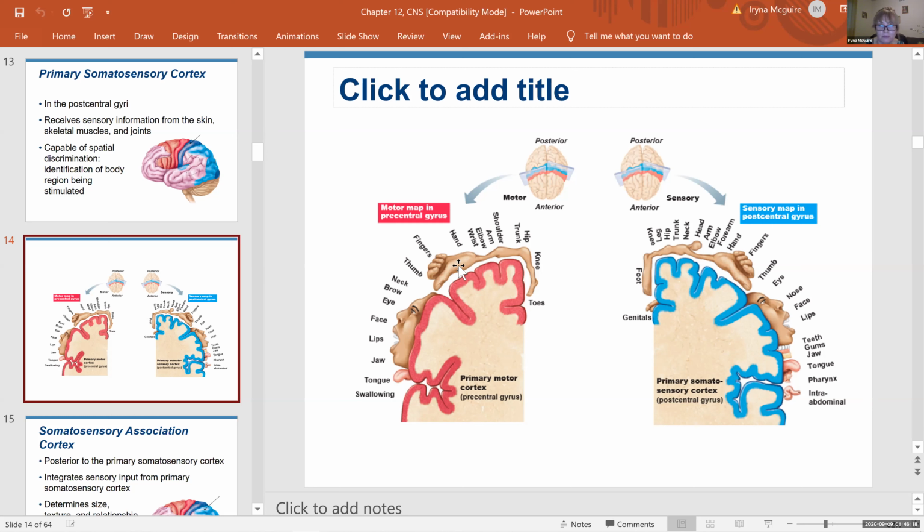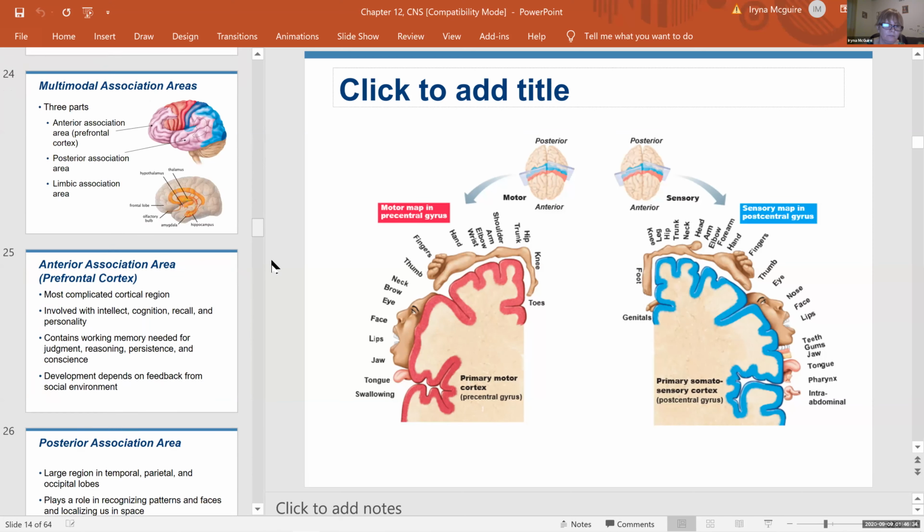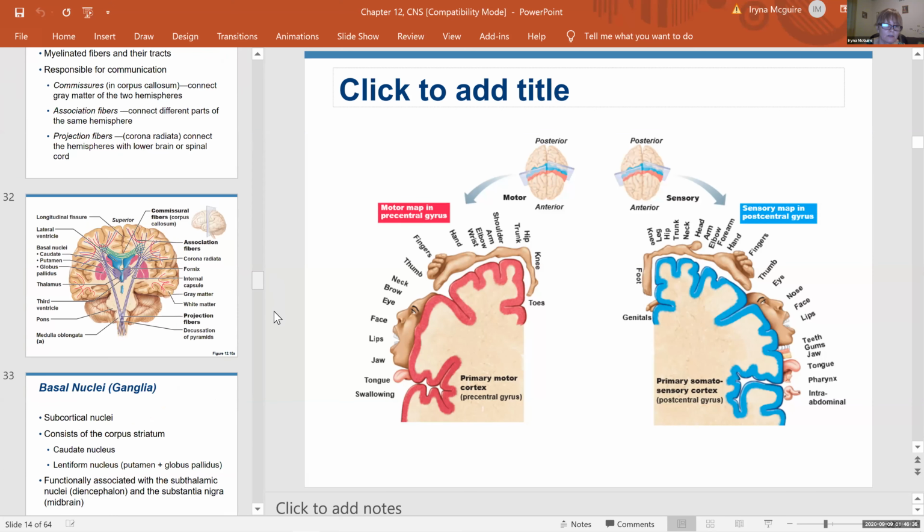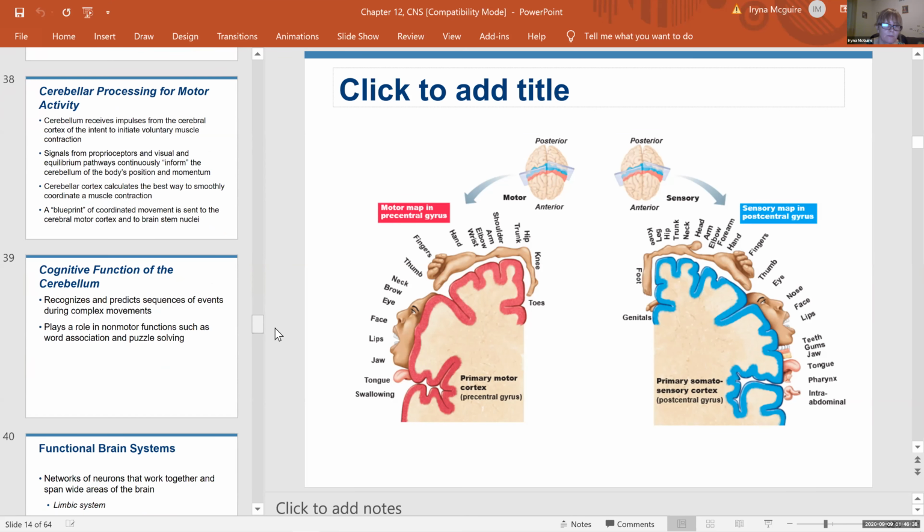And then to your spinal cord and to your muscles. So we're moving from the cortex to the cerebellum, from the cerebellum back to the cortex, and then from the cortex to the spinal cord, and from the spinal cord to your muscles. Okay, so let me go back.